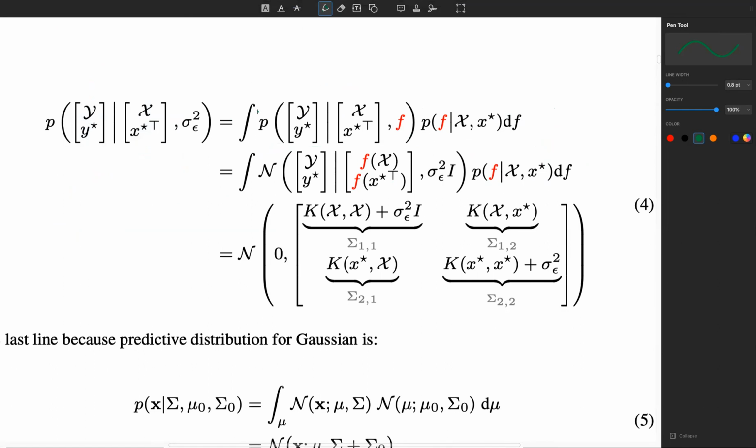So can I ask why this is the same as this? I'm using a different color pen, but they are the same. So why are these two the same? It's because that's the underlying assumption, right?